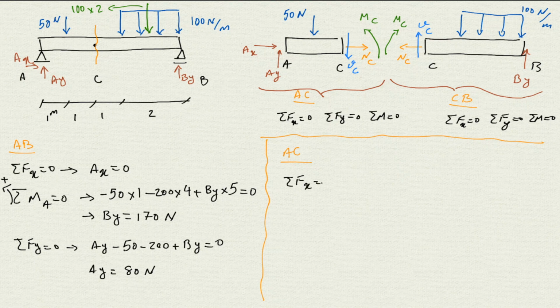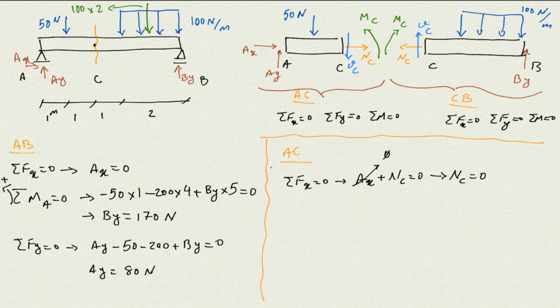So I have Ax plus NC is 0, and I already know Ax is 0. Therefore NC would be 0. So there's no normal force here.